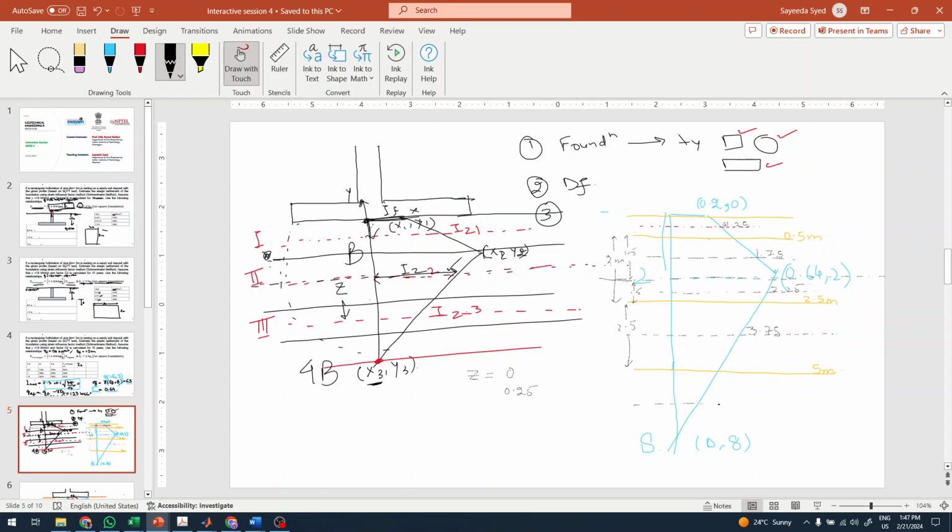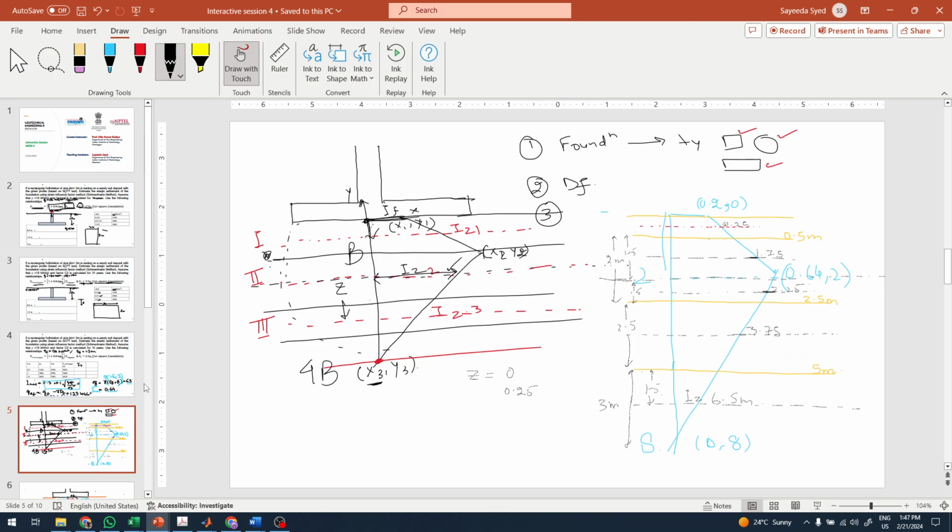Then this is 3 meter, this will be 1.5, this will be 6.5 meter. So we need to calculate the Iz values at these locations through interpolation. Let us do that right now.